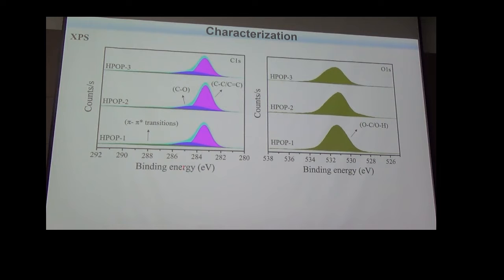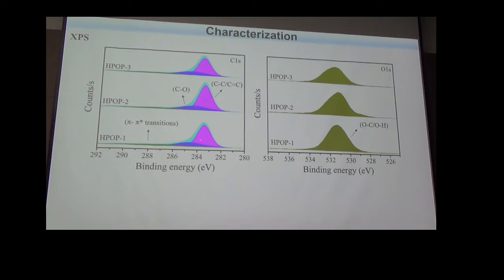Further, the chemical elements present in the polymer were analyzed using the XPS analysis. As we can see here, the characteristic binding energy peak at 283.5 is ascribed to the C single bond C and C double bond C linkages in the polymer.